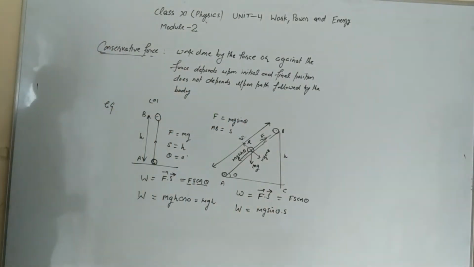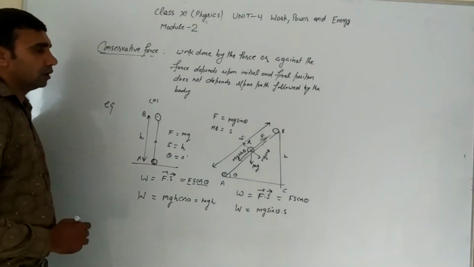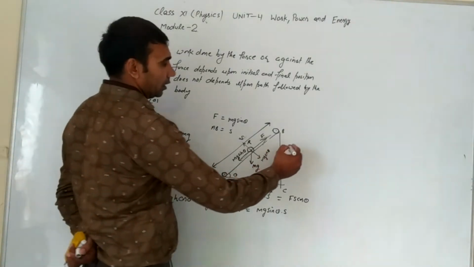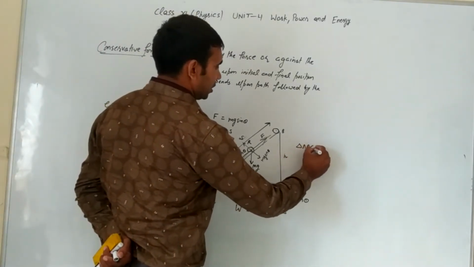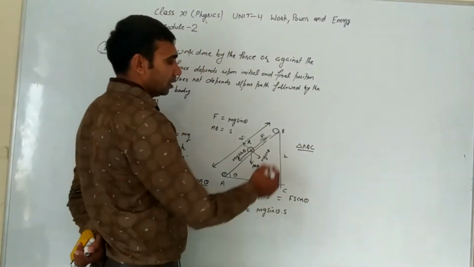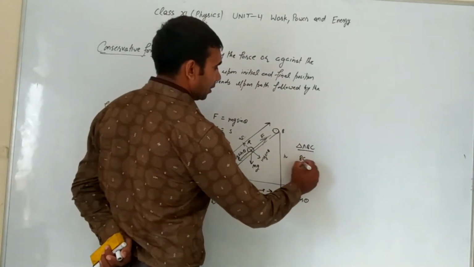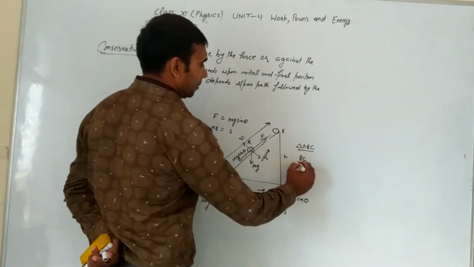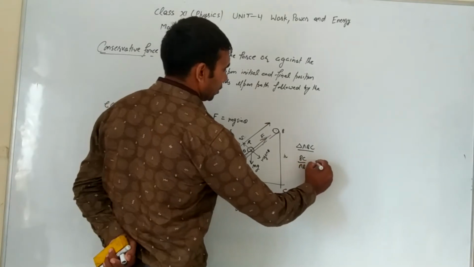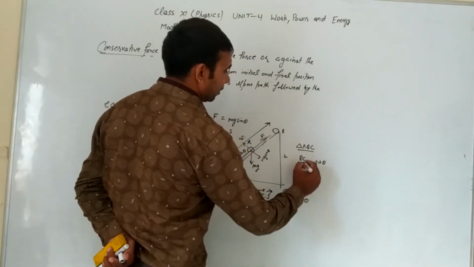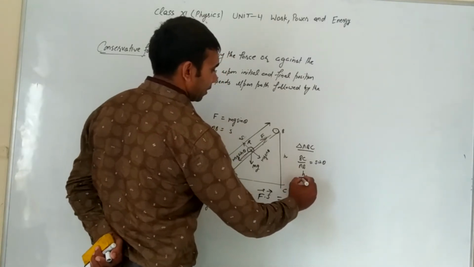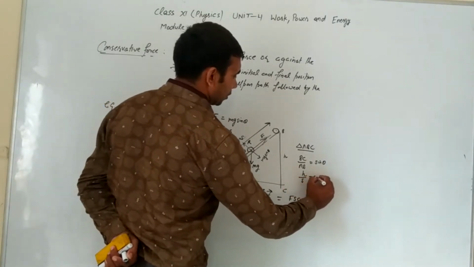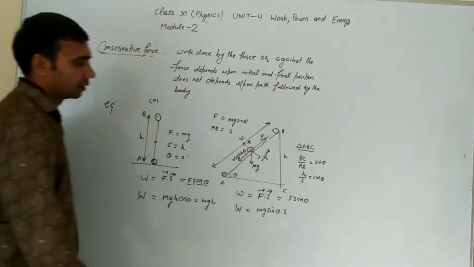Multiplied by displacement. Now, putting the value of sin theta in this triangle ABC. In this triangle, BC divided by AB is equal to sin theta, that is h divided by s is equal to sin theta.